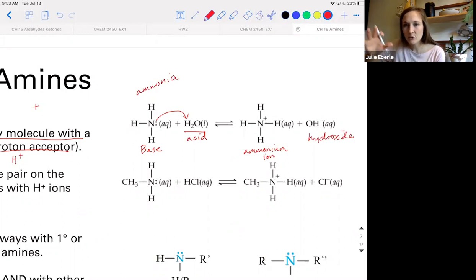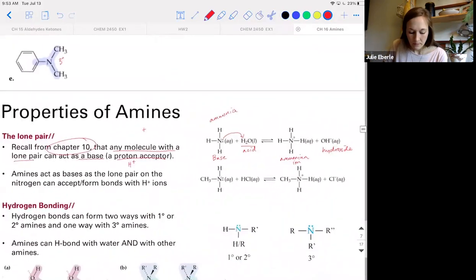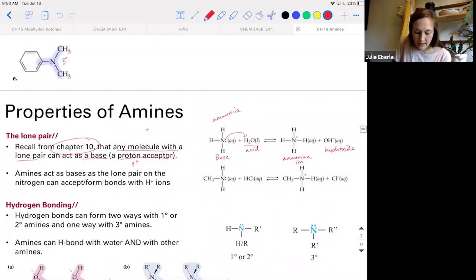See how one hydrogen was given from water to ammonia? All right, so that's exactly what we just showed is what is said right here in bullet point 2. Amines act as bases because the lone pair on the nitrogen accepts or forms bonds with H plus ions.